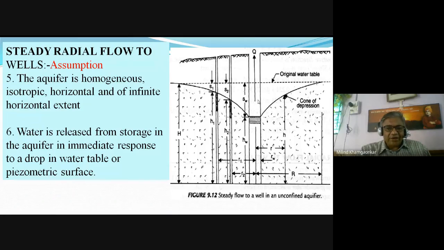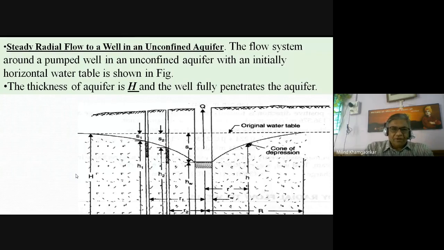Water comes into the well immediately as the water level in the well goes down, that is, as the storage in the well gradually decreases, then from the aquifer, may be a confined or unconfined aquifer, the water will be supplied uniformly as there is a drop in the water table for the unconfined aquifer, or a drop in the piezometric surface for the confined aquifer. So with all these assumptions we will move further.